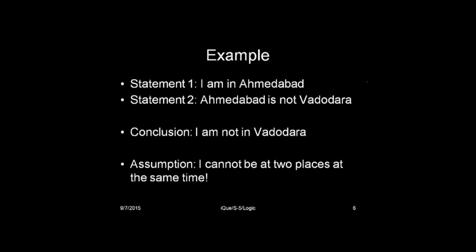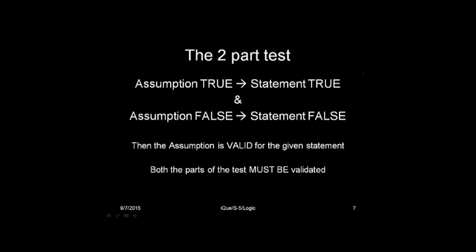So, there is something known as the 2-part test, which I try to follow when trying to identify whether the given assumption is valid or not. First, I say, let the assumption be true, and I check, is the statement or the conclusion being derived true as well? If yes, then I move on to the second part, where I assume that my assumption is false.